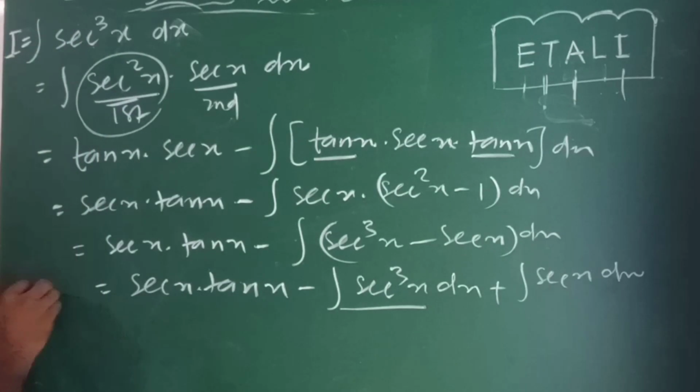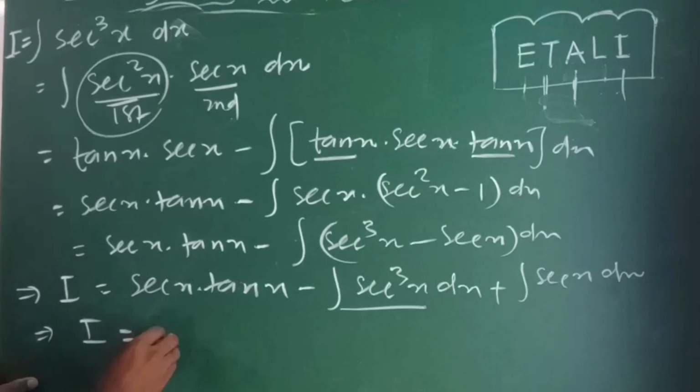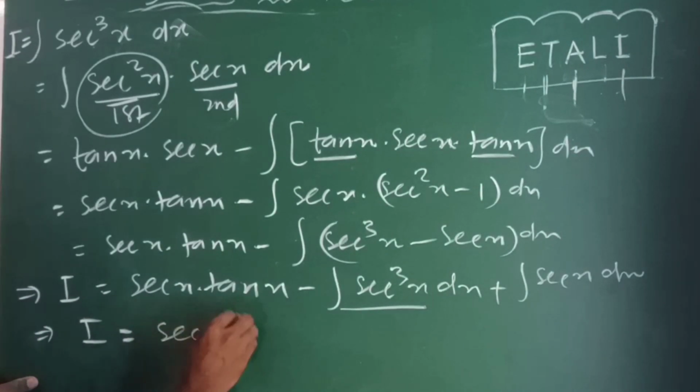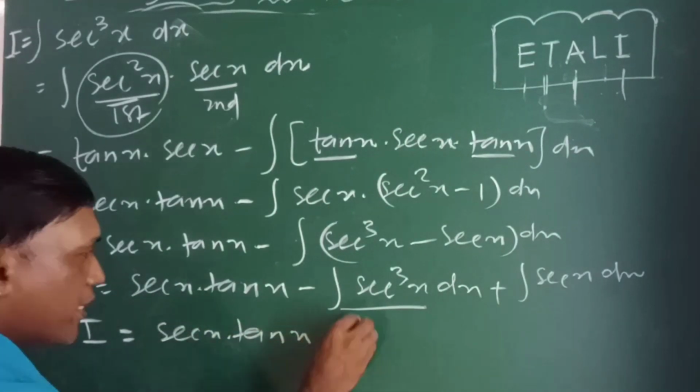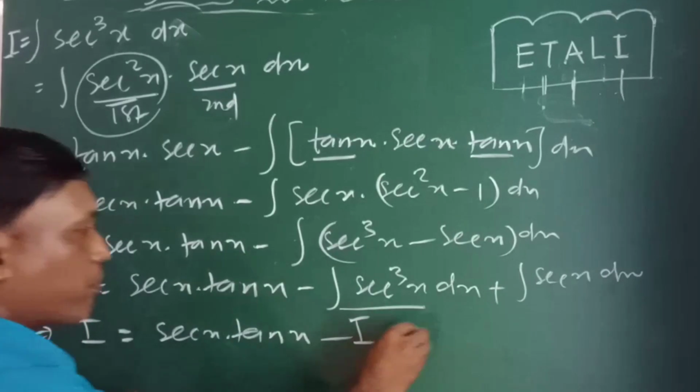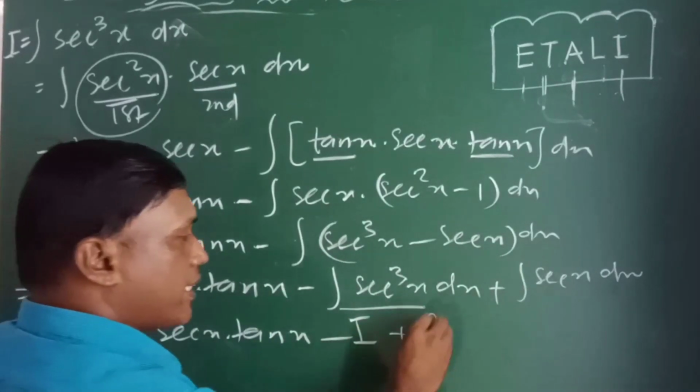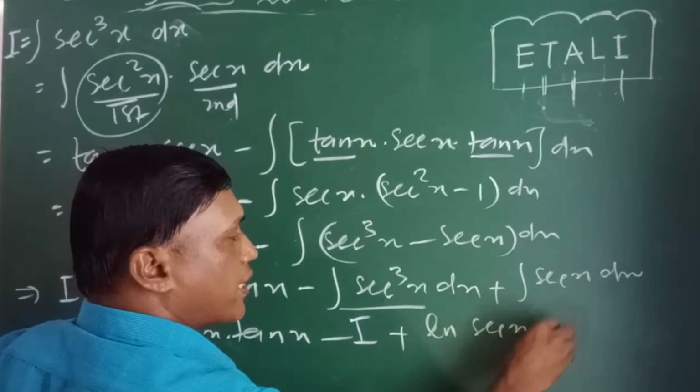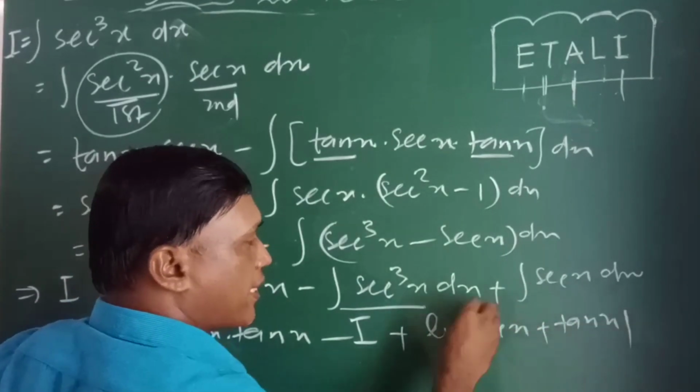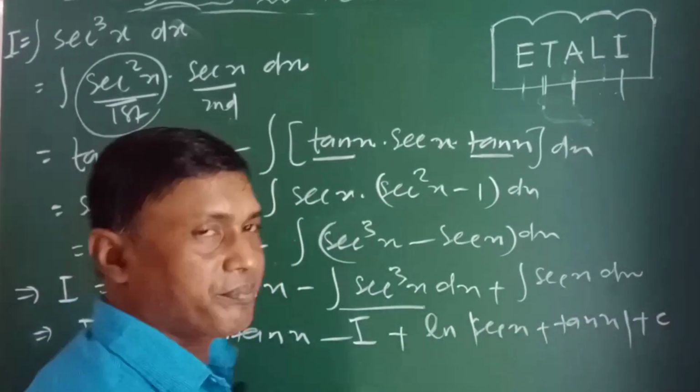So this is the value of I. Now I is equal to sec x into tan x minus I plus integration of sec x, which is ln sec x plus tan x plus c.